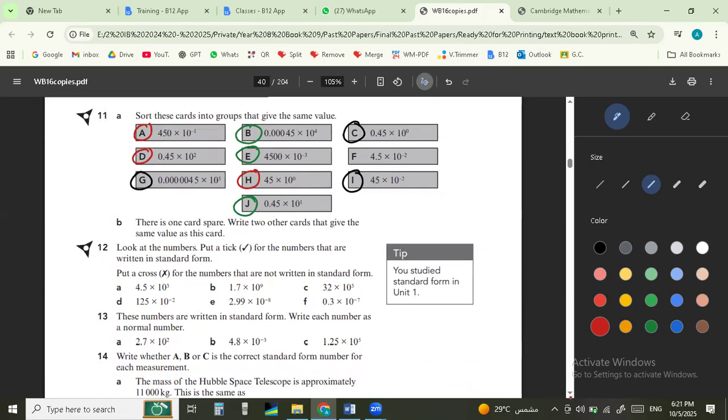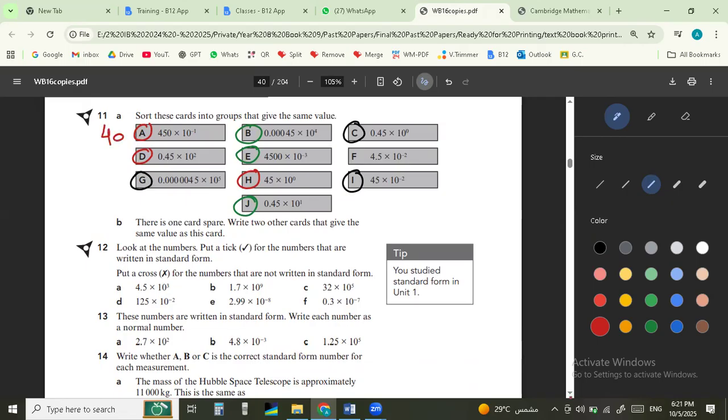The last page. Sort these cards into groups that give the same value. After answering this just exactly like what we've done in the previous pages, you're going to find that A, D, and H have exactly the same answer, which is 40.